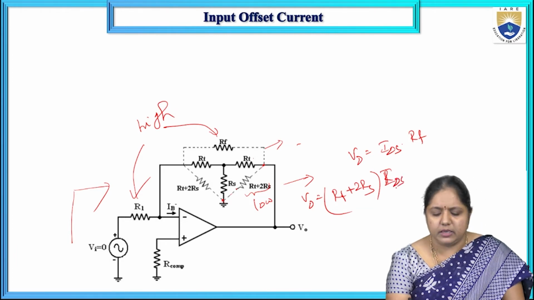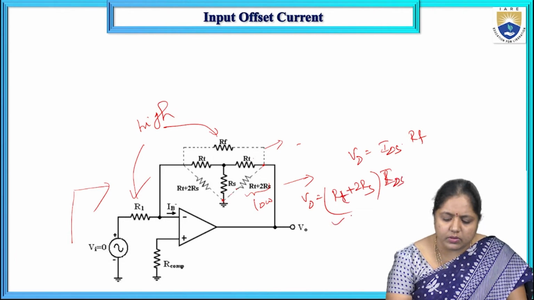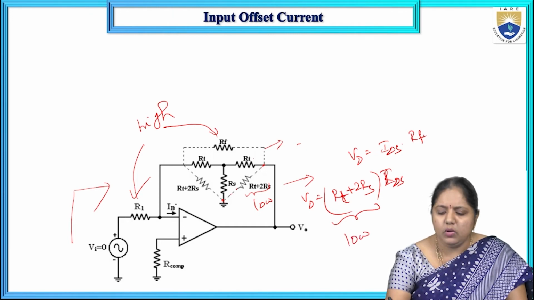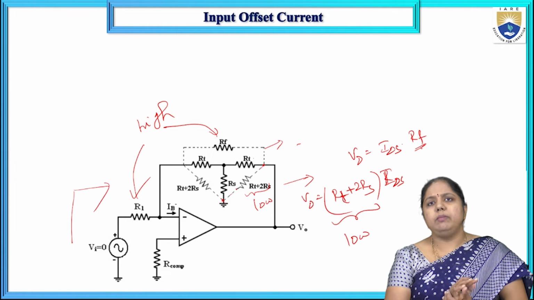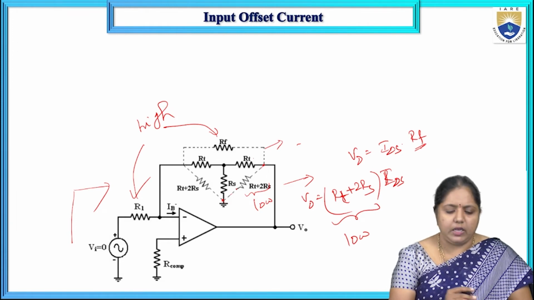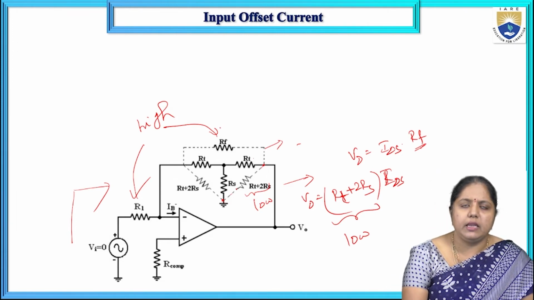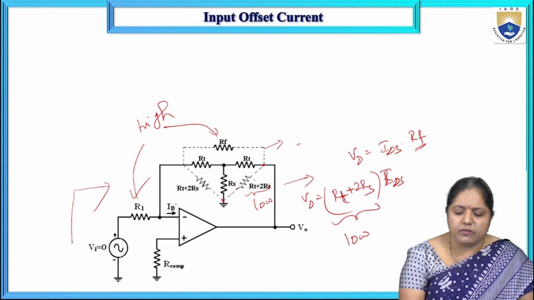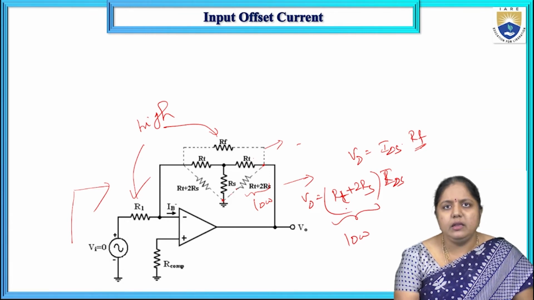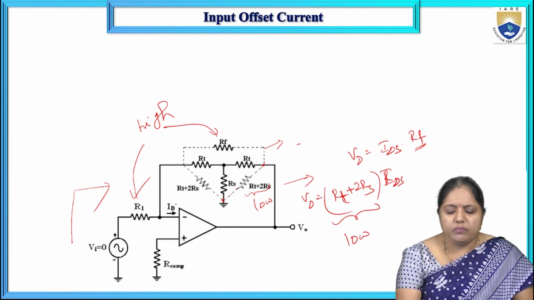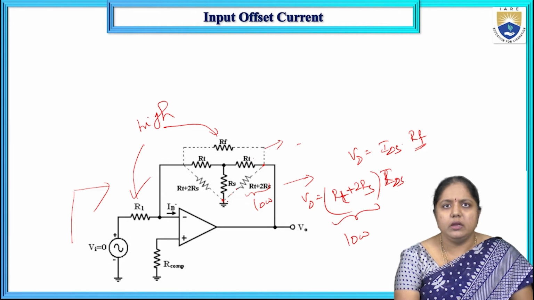So this resultant resistance value is low compared to the feedback resistance value RF. But from the input side I can get the high input impedance, and from the output side I will get the low impedance value which is short circuited to the ground.